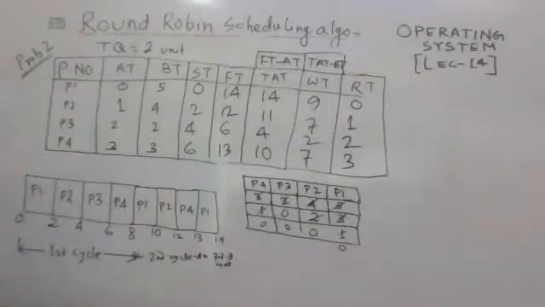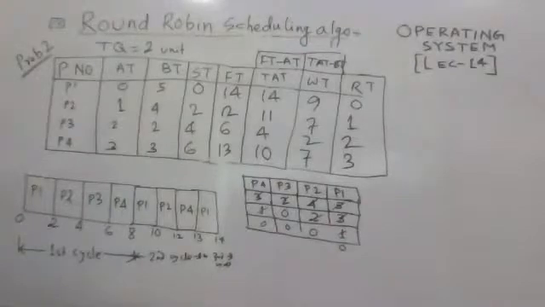And average response time 6 by 4. Okay. And here the throughput should be 4 by 14. Okay. So this is the round robin algorithm.